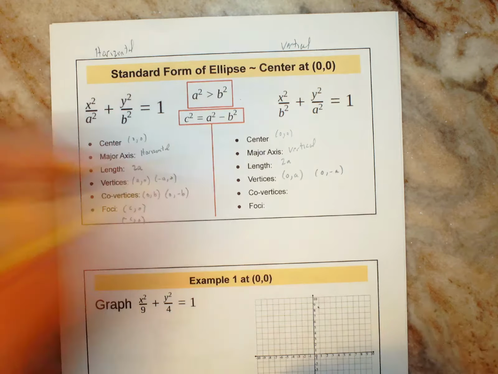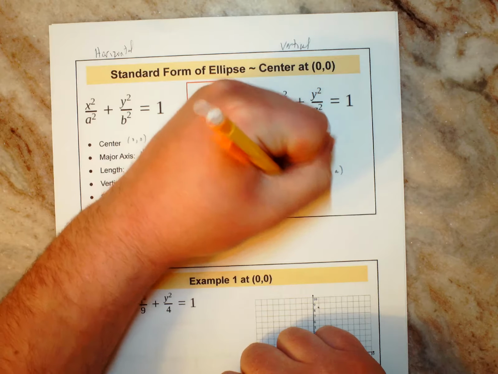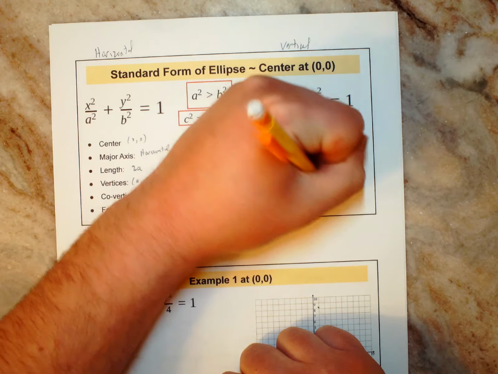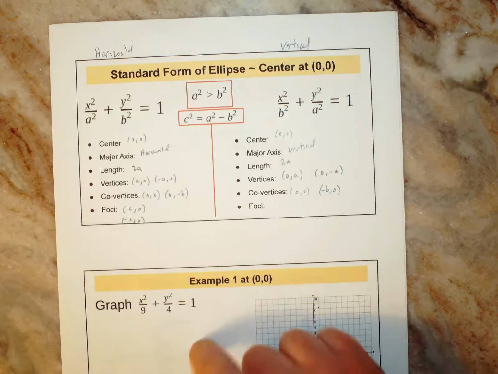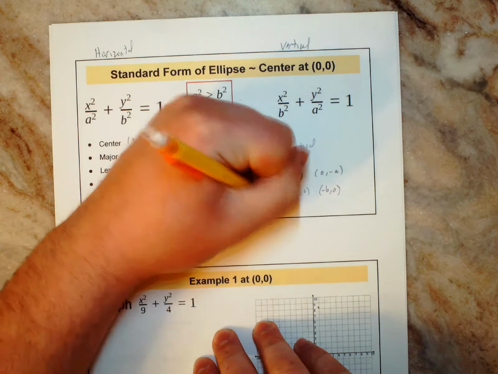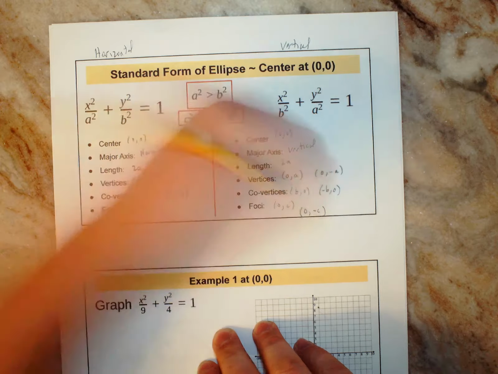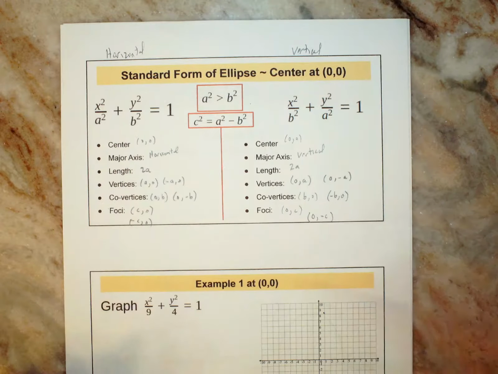Your covertices are going to be b comma 0 and negative b comma 0. And now your foci are 0 comma c and 0 comma negative c. So that's like a basis of everything, like if you need a guide to go back to. And now we're going to try the first example.